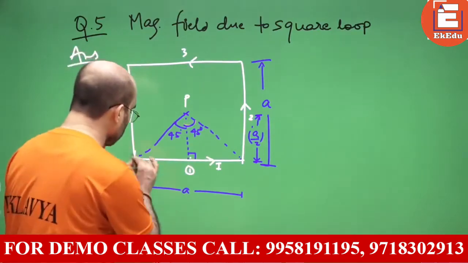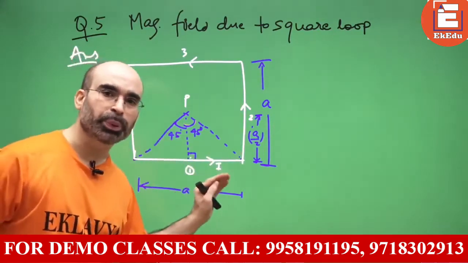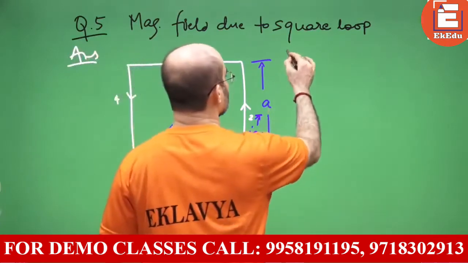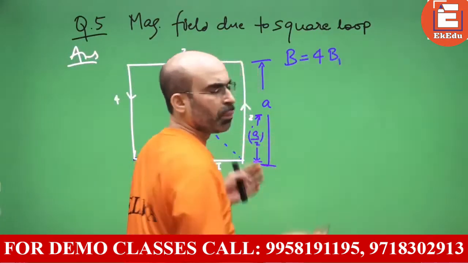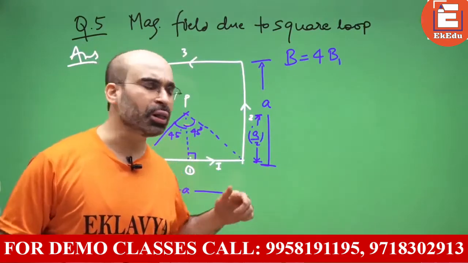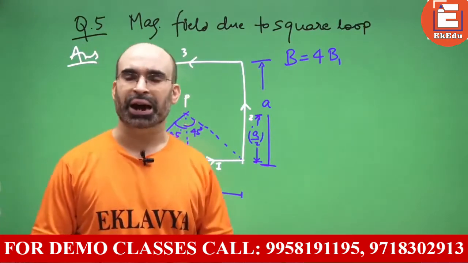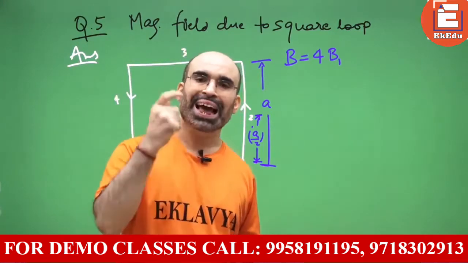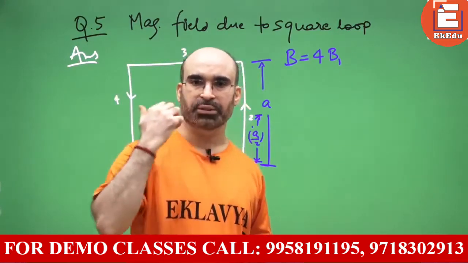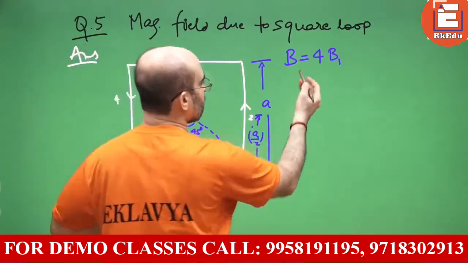So due to this one conductor, what will be the magnetic field? B equals 4 into B1, because all the segments have magnetic field in the same direction, so we add up all the magnetic fields.